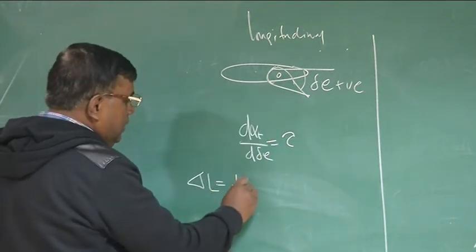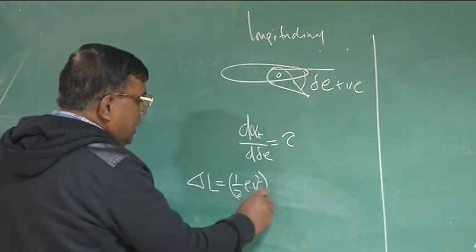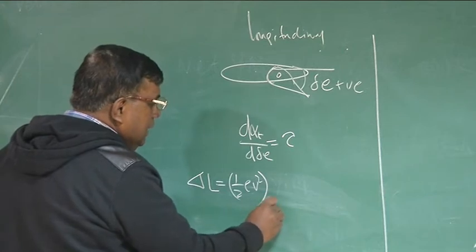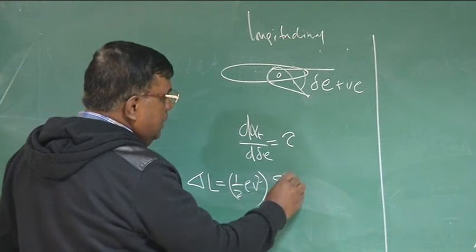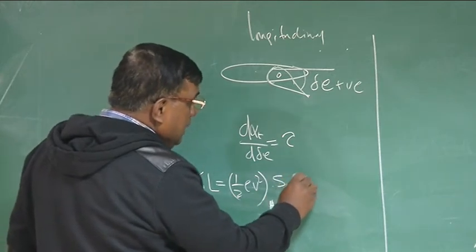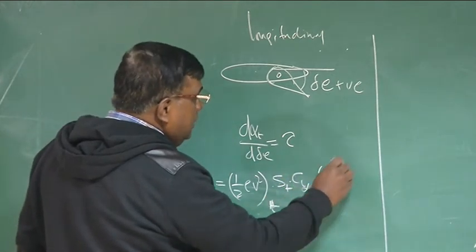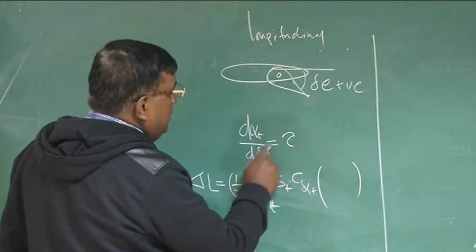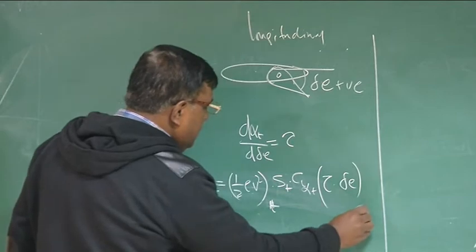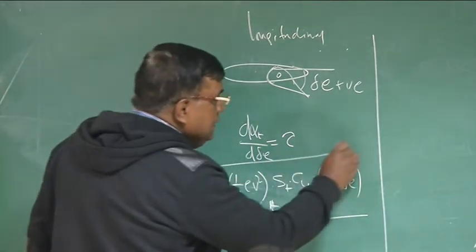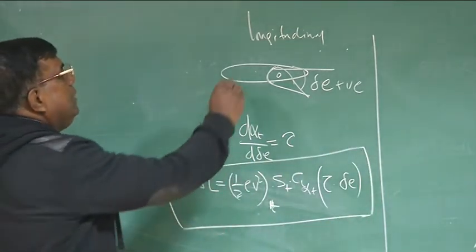That will be half rho V squared at the horizontal tail, into S tail, into CL alpha tail, into tau into delta E. So that was the change in the lift.